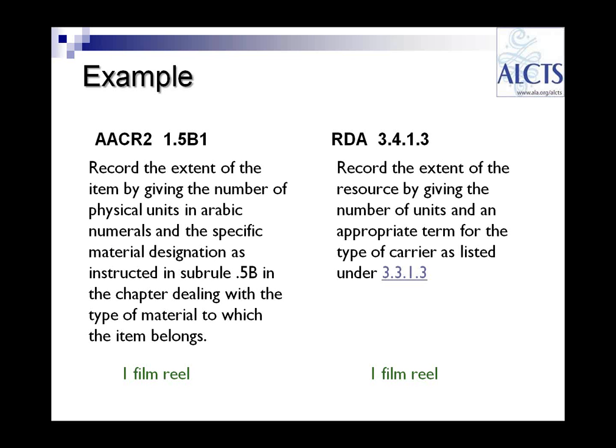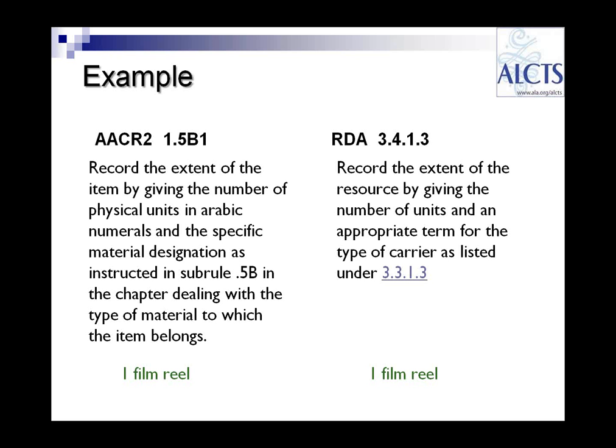This is an example of one of the instructions where the intent is very similar between ACR2 and RDA. And in fact, if we look at the examples at the bottom of the screen, what we end up recording in this particular example is identical, one film reel. But if you notice, the vocabulary is different. So RDA talks in terms of number of units and an appropriate term for the type of carrier.